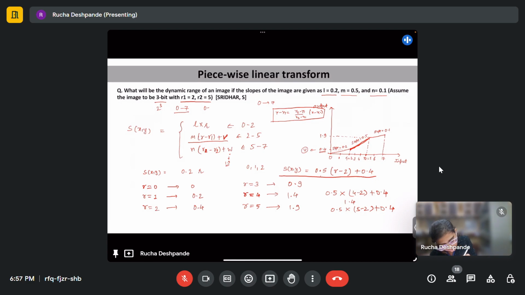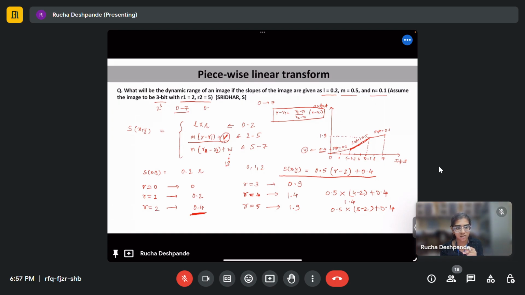Yes. No, what I'm saying is, in that equation, m into r minus r1 plus v, r1 is 2, it is already given, and m is the slope of that second line, 0.5. Yes. And that v value you have taken 0.4. So where did you get that value? We just calculated it here.